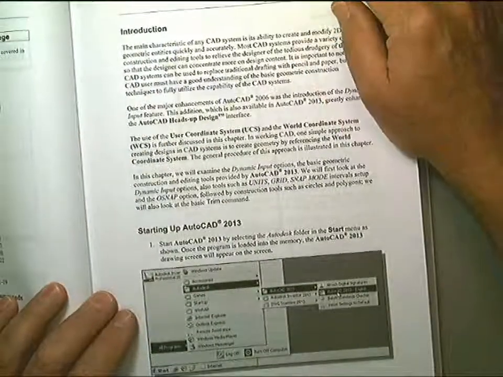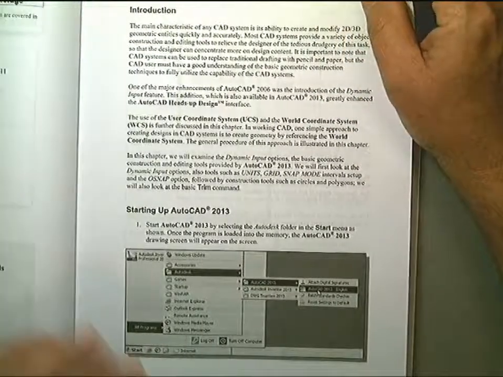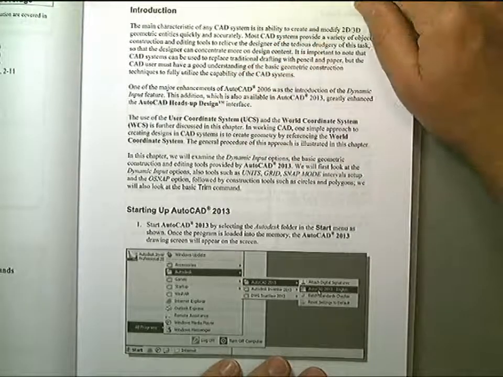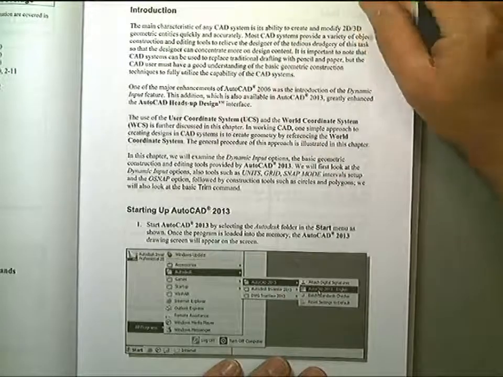You begin by starting up your AutoCAD. You're going to look at the user coordinate system. It's discussed a little bit later in the chapter.